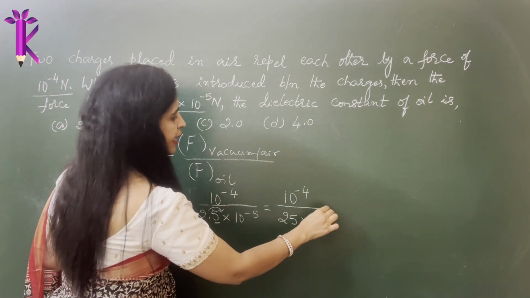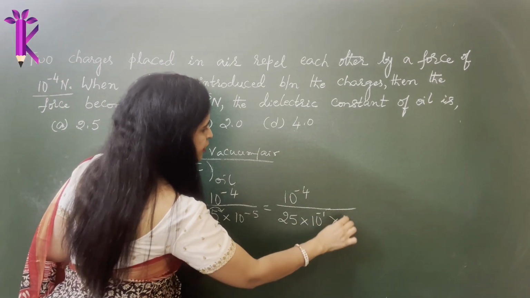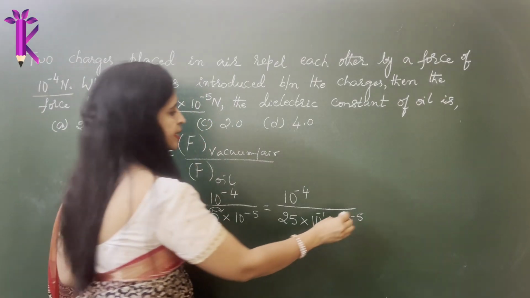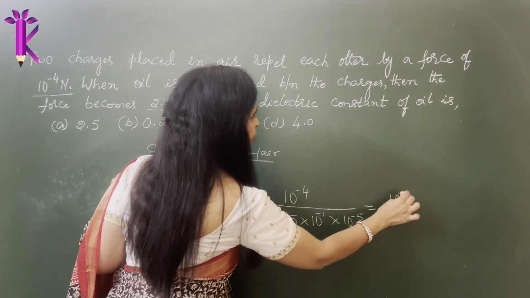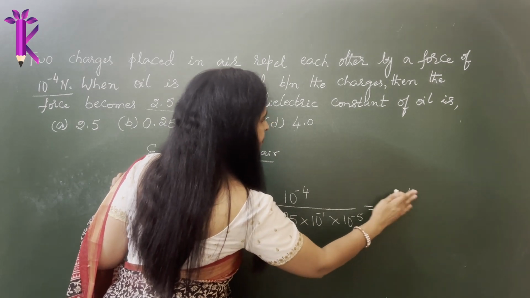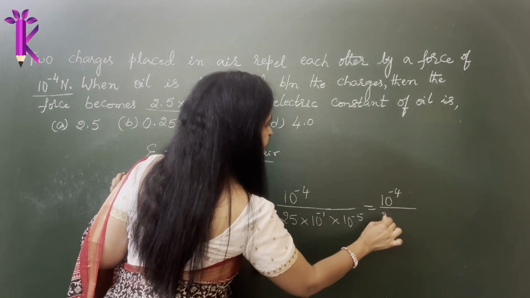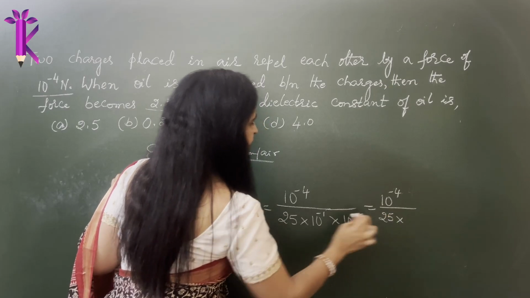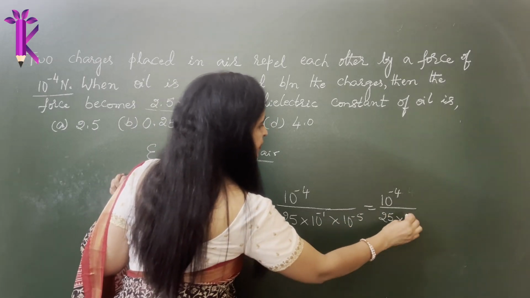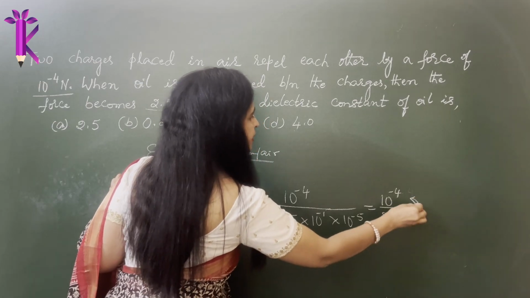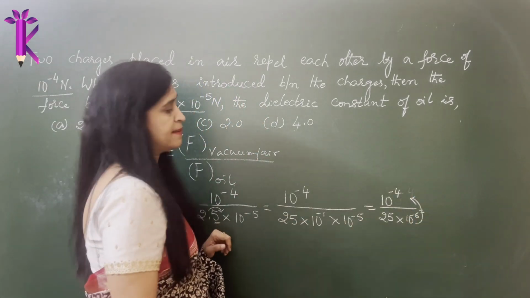So I have to write 10 to the power of minus 1 into 10 to the power of minus 5. So what will this become? It will become 10 to the power of minus 4 whole divided by 25 into, minus 1 minus 5 will be, 10 to the power of minus 6. Now let me bring this up. Minus 6, when it goes up, it becomes plus 6.